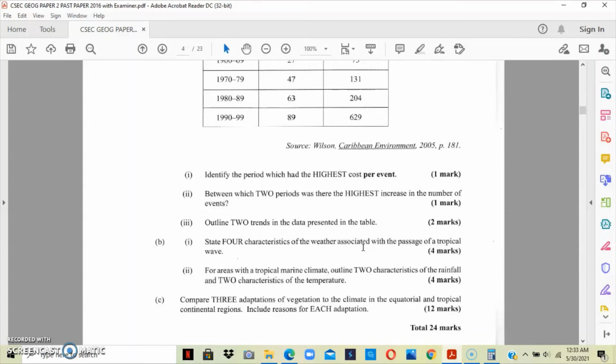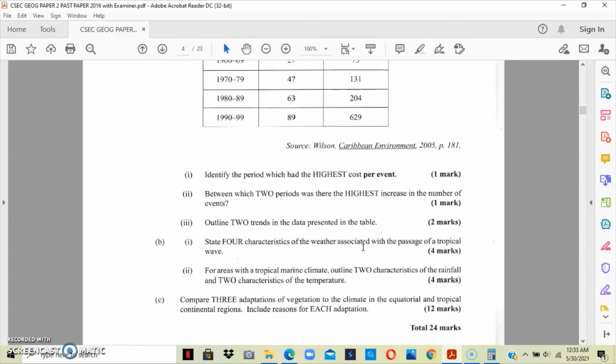So we have a distinct wet period, which is usually between June to November, which is what we call our hurricane season. In the tropical marine region, we often receive relief rainfall because of our location, and the rainfall annually is between 1,200 to 2,000 millimeters.